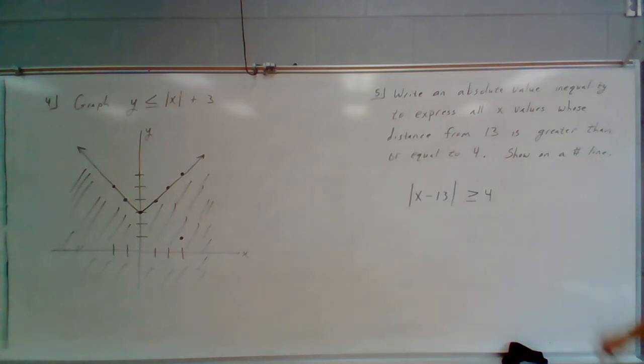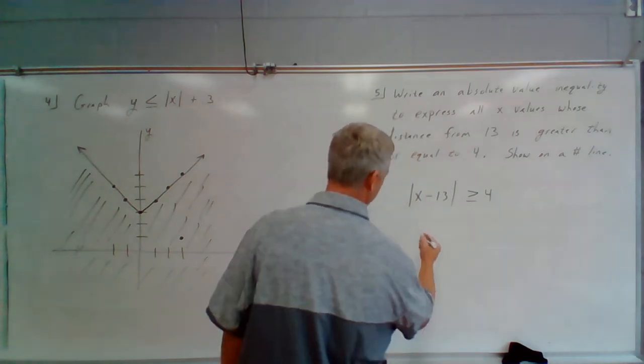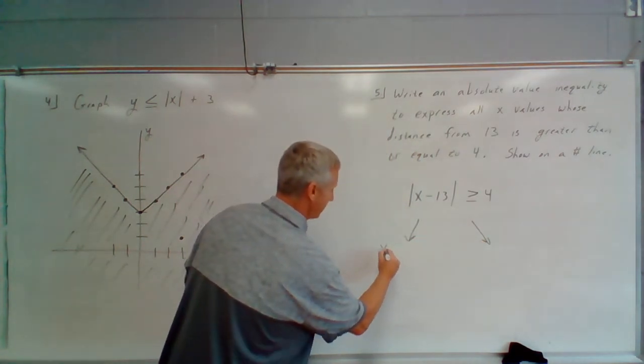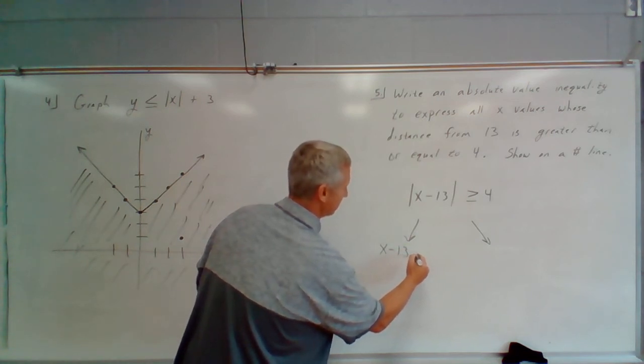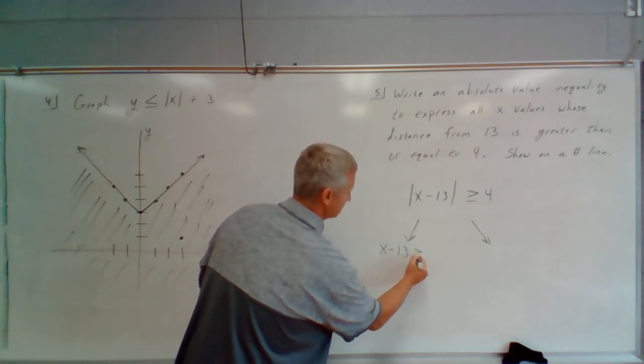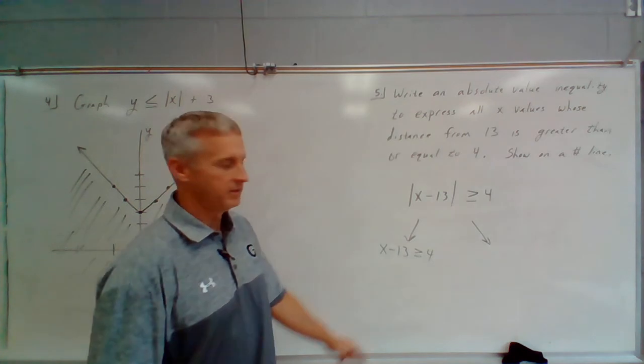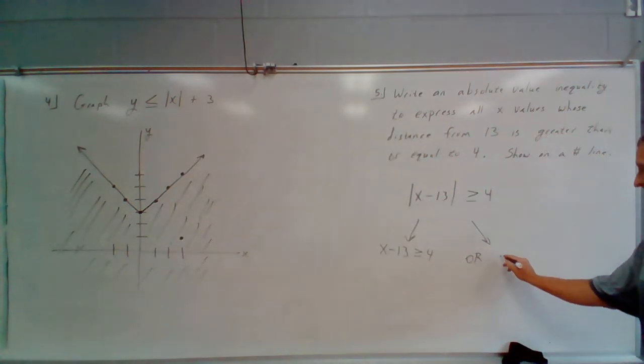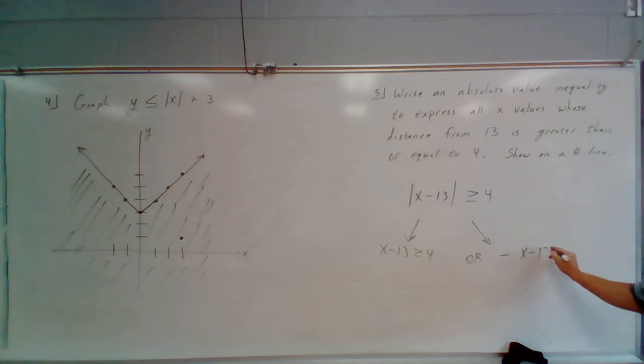All right, now we want to show this on the number line. So let's work out the 2 possibilities. Either x minus 13 is greater than or equal to 4. This is greater than, so this will be an or statement. Or the opposite of x minus 13 is greater than or equal to 4.